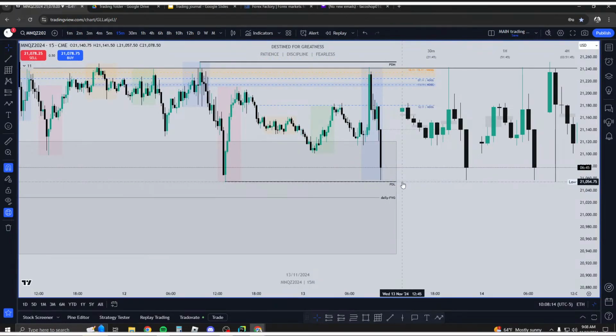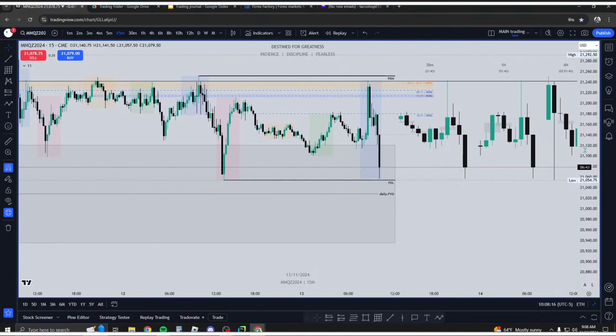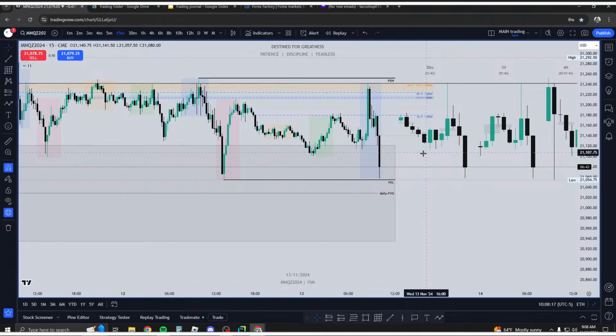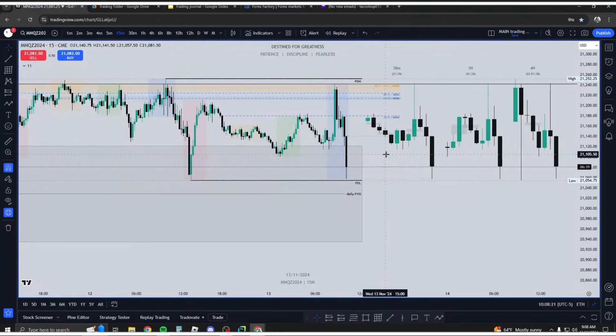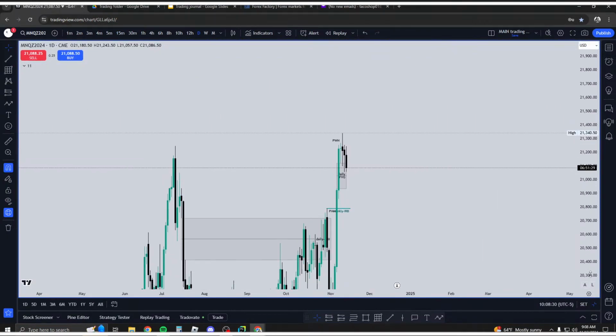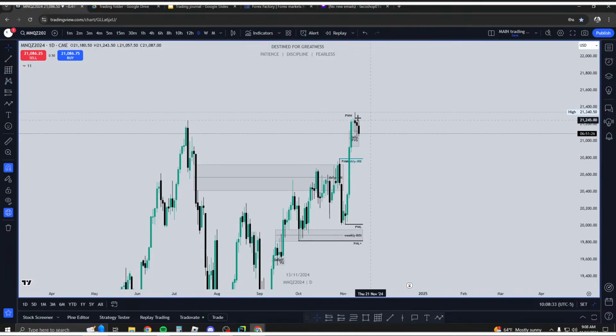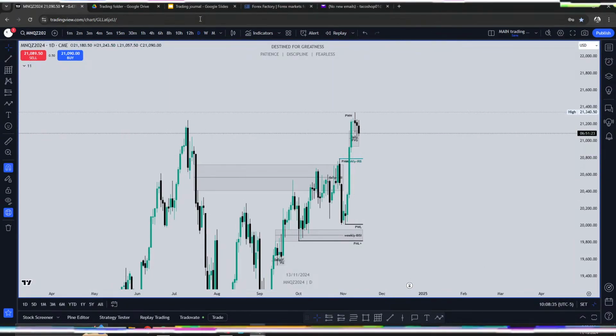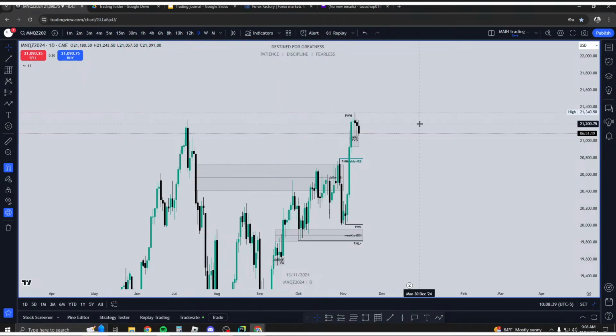So it's kind of contradicting, but you have to understand that price is fractal, and there are going to be models that present themselves every single day, and it just depends on what type of trader you are. Are you a daily trader? Are you going to be trading on the daily time frame, the weekly time frame, the 4-hour time frame? Are you going to trade on the 15-minute time frame, which is me?